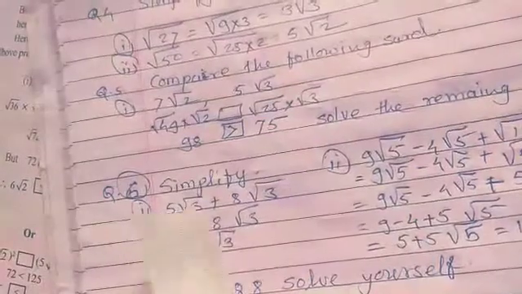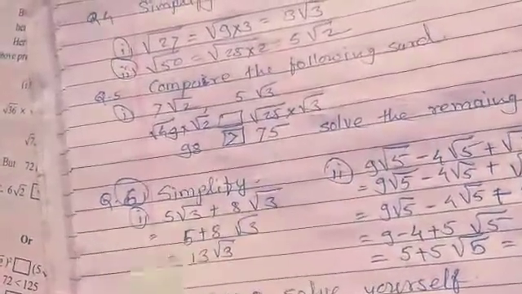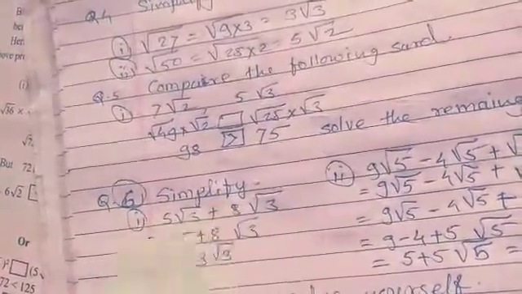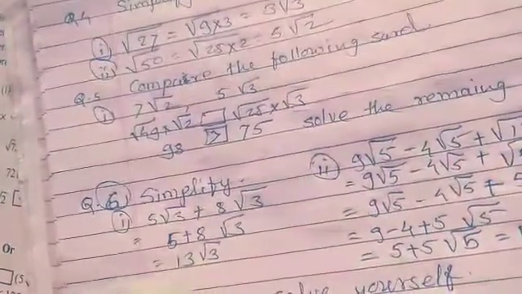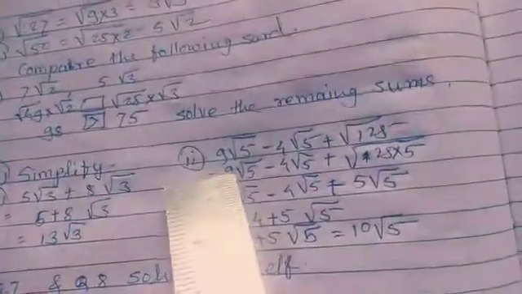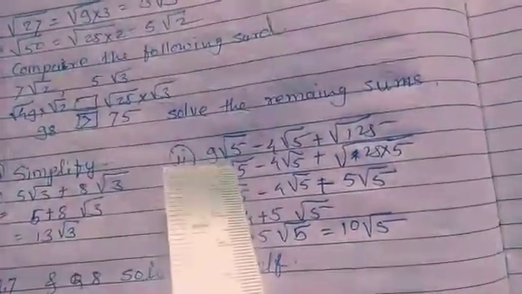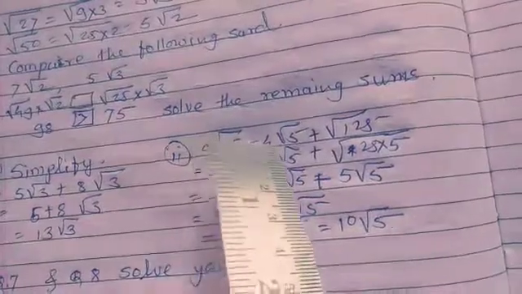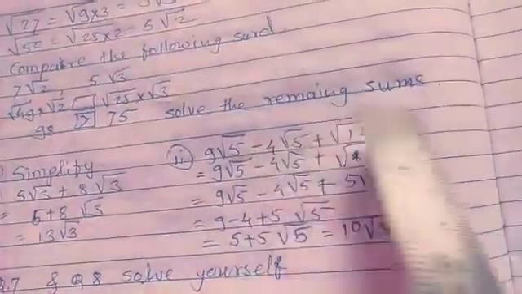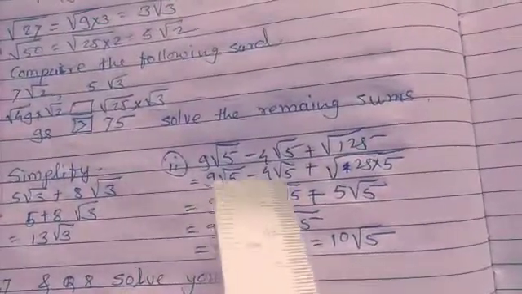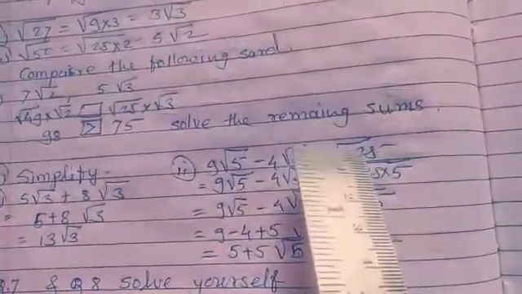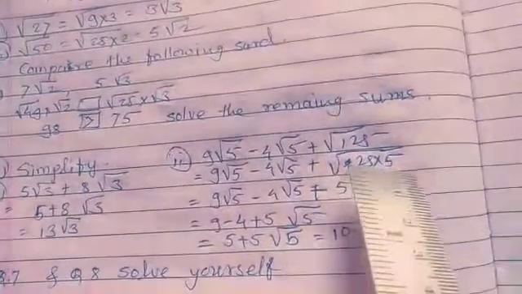Now question number 6. Simplify. 5 root 3 plus 8 root 3. 5 plus 8, it is like surds. 5 plus 8 is 13. So 13 root 3 is the right answer. Number 2. 9 root 5 minus 4 root 5 plus root 125. Root 125 means 25 into 5.